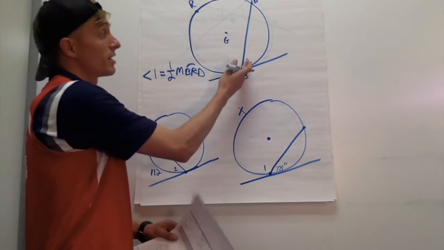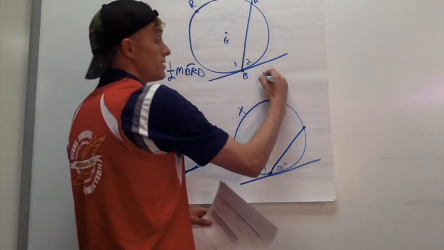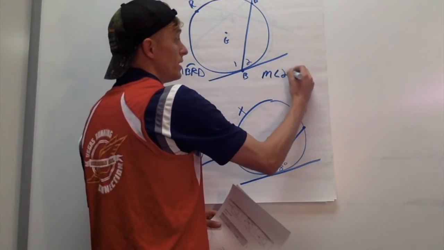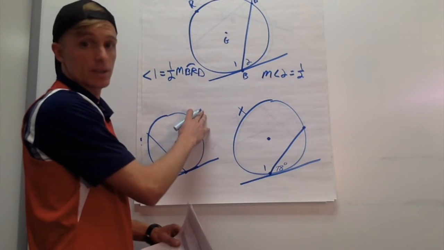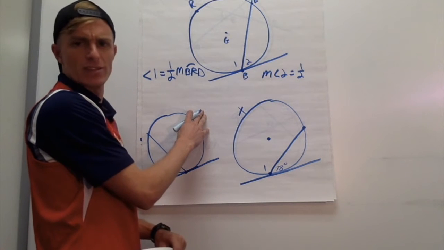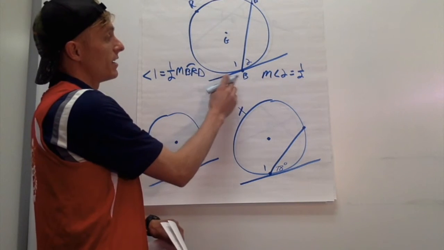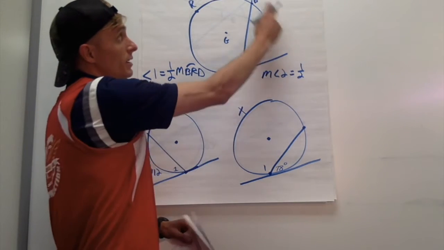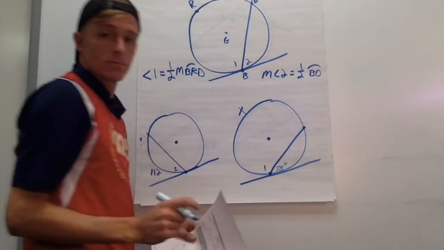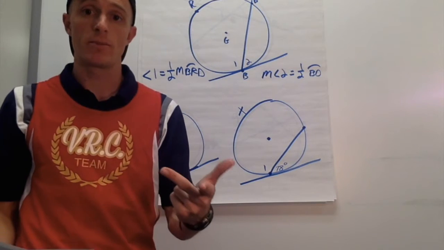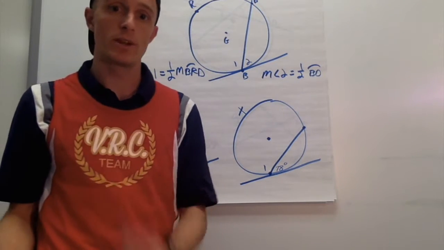Okay? And the same thing can be said of angle 2. So the measure of angle 2 is equal to 1/2 the intercepted arc. Intercepted, yes. Okay? And that is going to be arc BD. So it's 1/2 of BD. Okay? So that's a property of theorem that you need to know. So let's apply that, see what we can do with it.